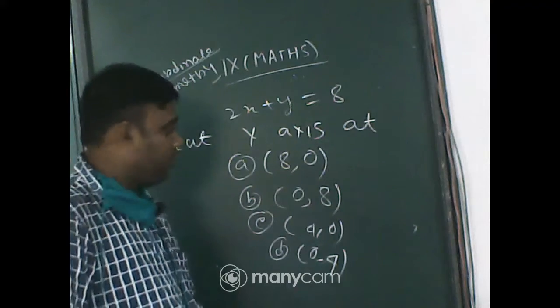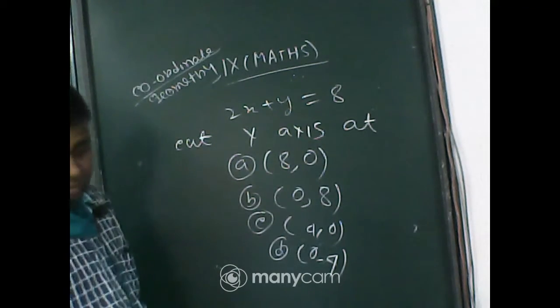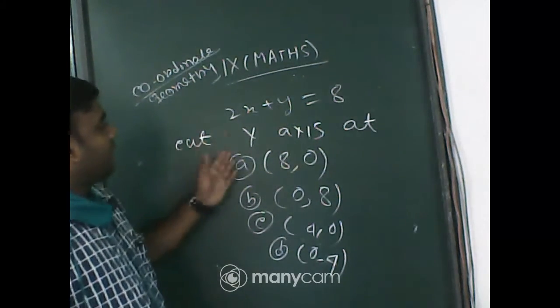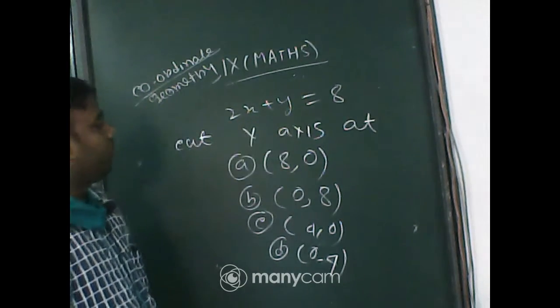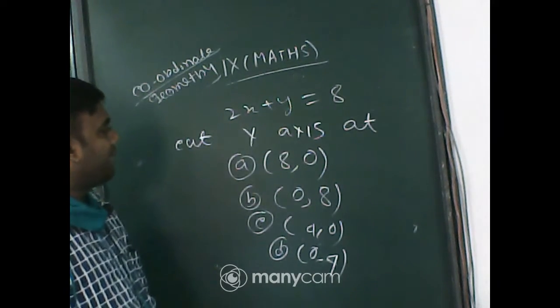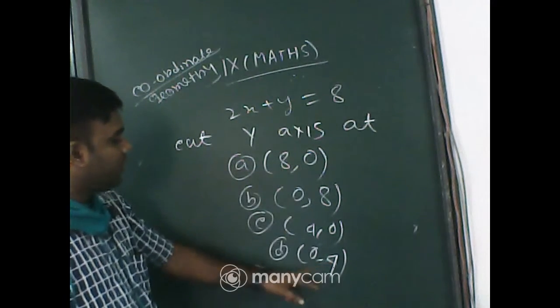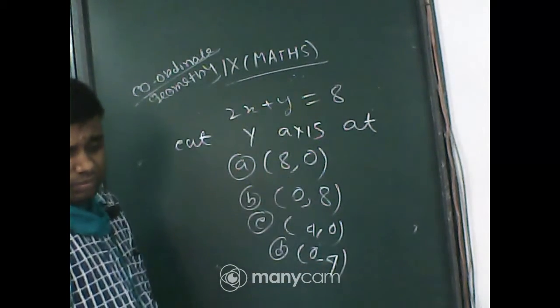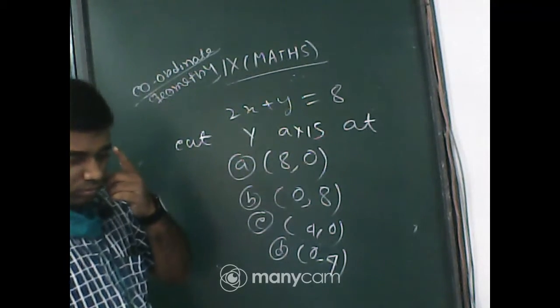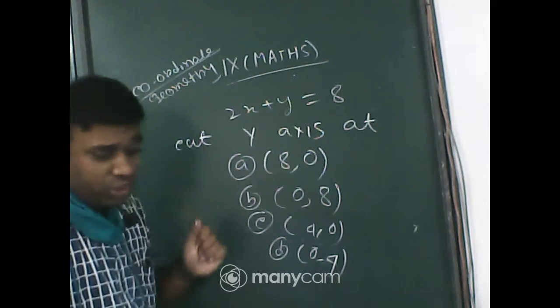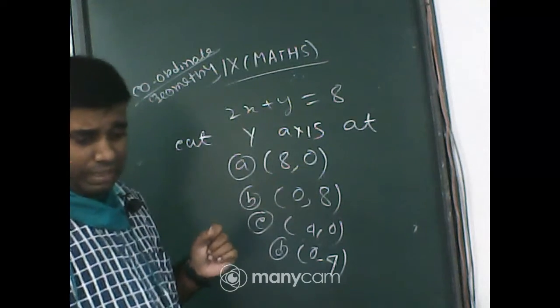I cannot see the board. Which portion? I am telling it again. 2x plus y equals 8. That line cuts the y-axis at (8, 0), (0, 8), (4, 0) or (0, 4). Raima, (0, 8). Okay.